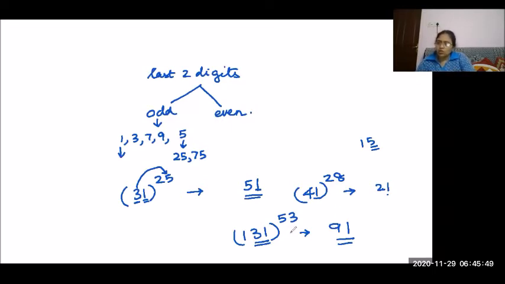Now based on this 1, we will be doing other odd numbers like 3, 7, 9. Let us see the cycle of 3, 7, 9. The cycle of the last digit I have discussed in my previous video. You can check it out for your reference. Now let us see the cycle of 3. 3 is 3, 9, 7 and 1. 7 is 7, 9, 3 and 1.